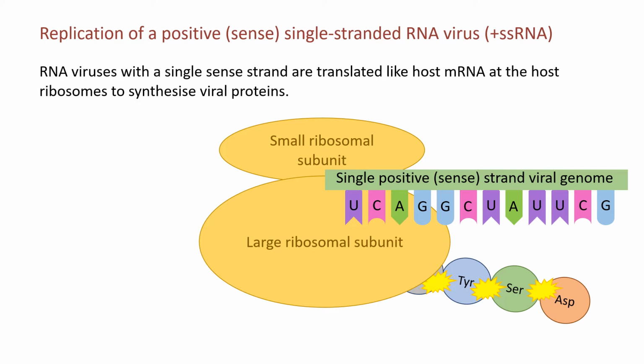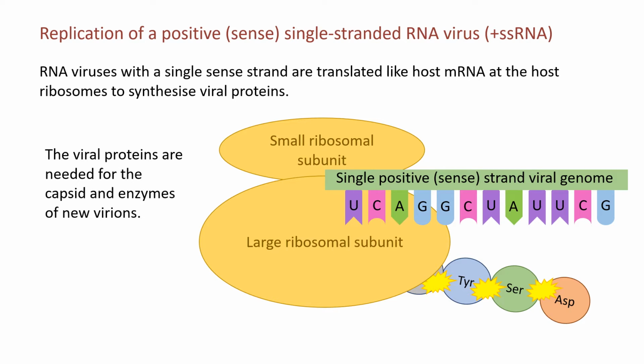That's then translated to form a polypeptide chain, again, using your own amino acids, but to form a viral protein. So the viral proteins are then needed for the capsid and for the enzymes of the new virions.